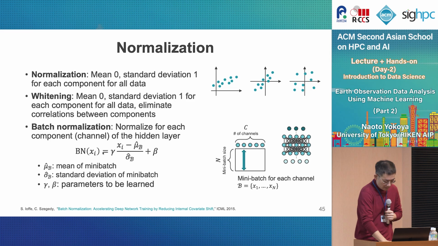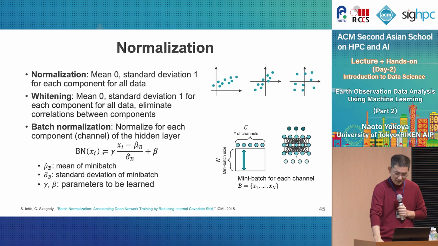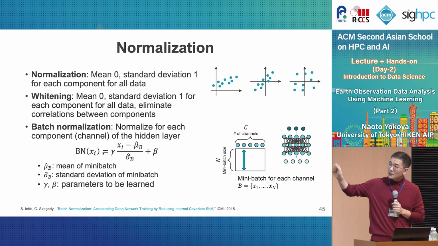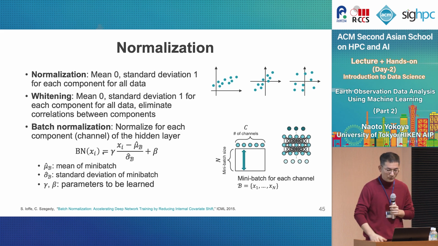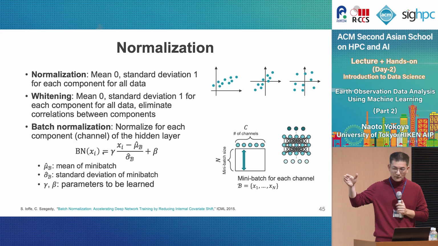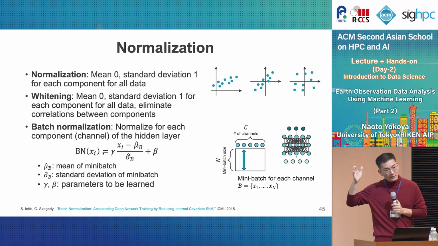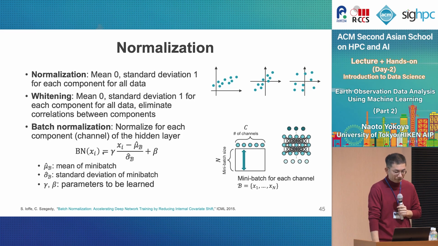Okay, due to time limit, let me skip some parts. So normalization, maybe you are familiar with normalizing input data to make the value range consistent among different samples, but there is a technique, batch normalization. Batch normalization is inserted after each layer.